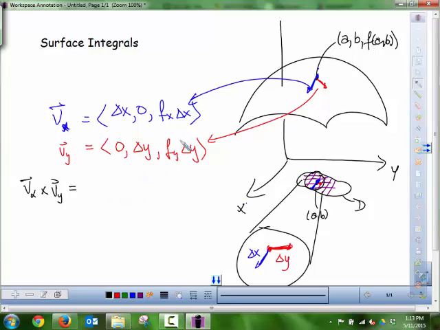If you do the cross product, the first component looks like it's going to be negative f_x, the second looks like it's going to be minus f_y, and then the third looks like it's going to be delta x delta y.